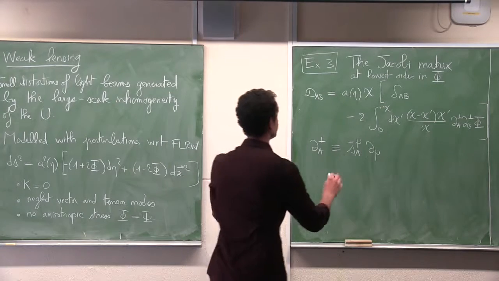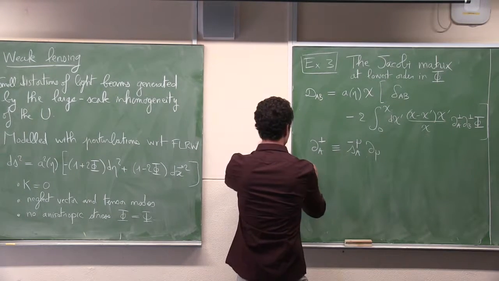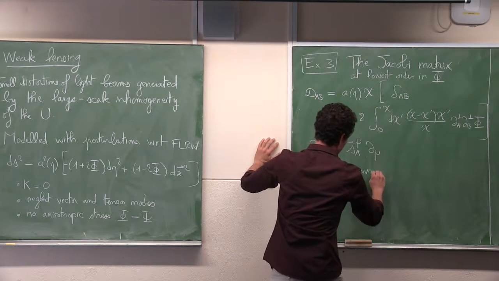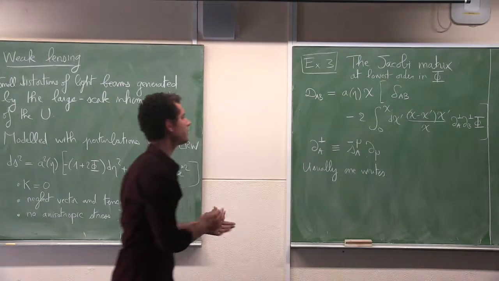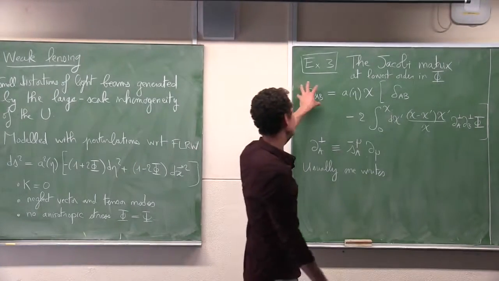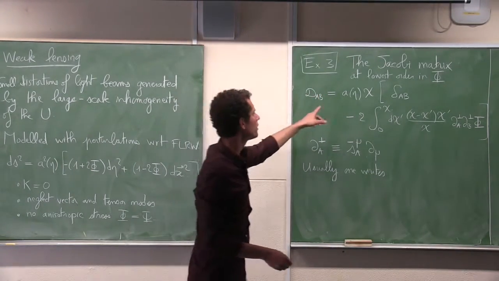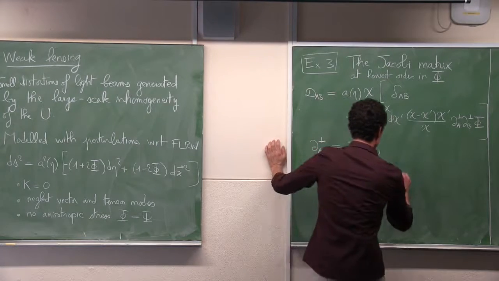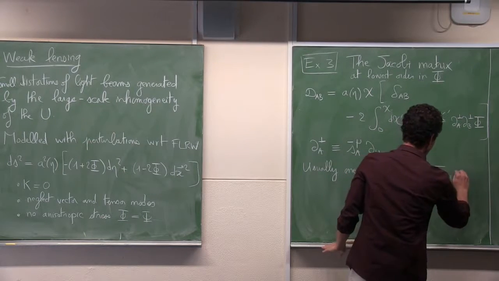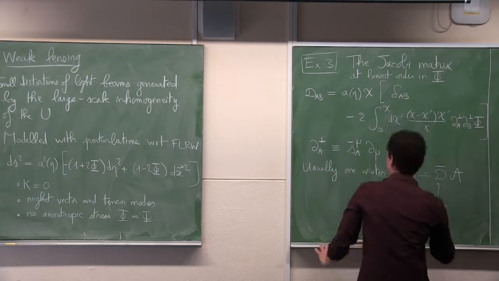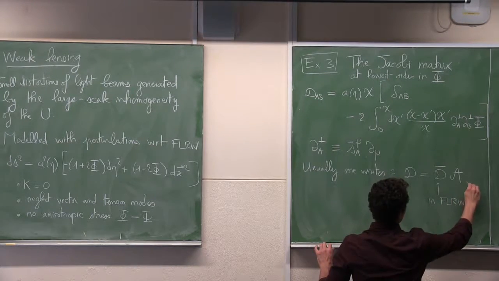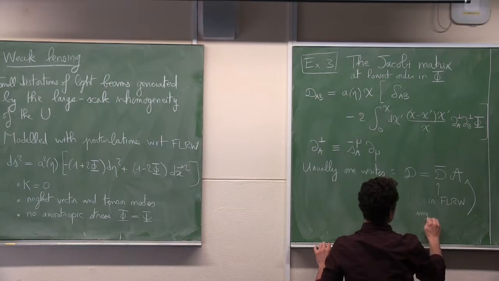So usually, in weak lensing, we introduce another matrix which is called the amplification matrix, and which represents the Jacobi matrix relative to the background one. So you introduce this thing, so write D equals D bar A, where D bar is the one in FLRW. And this is something that we call the amplification matrix.